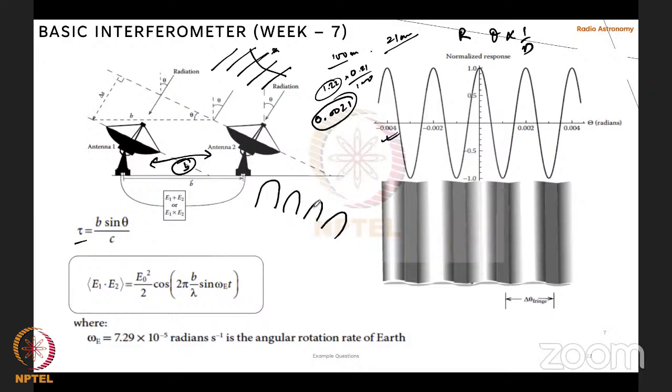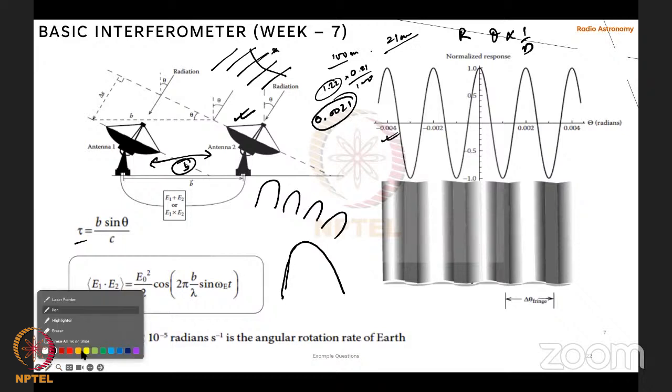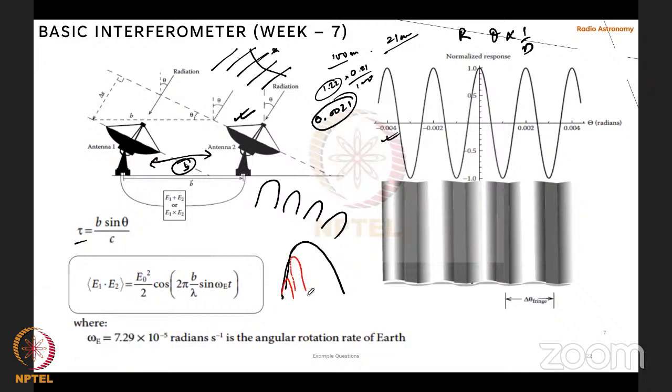But this thing also has a limit with its field of view. The field of view of a basic interferometer is defined by the diameter of the individual antenna. So you will have one bigger field of view, and in which, due to the interferometry, you will have smaller resolution beams.